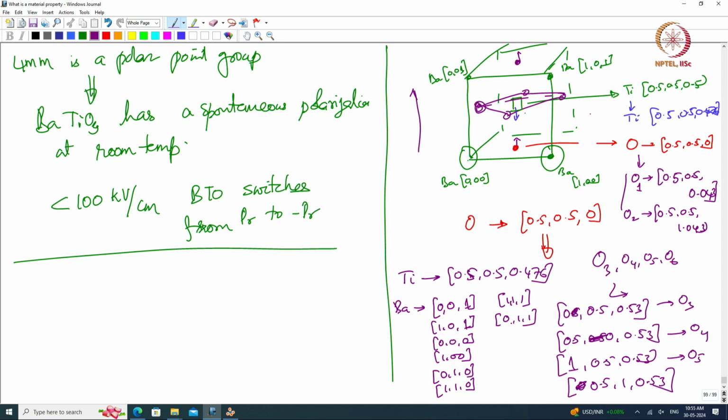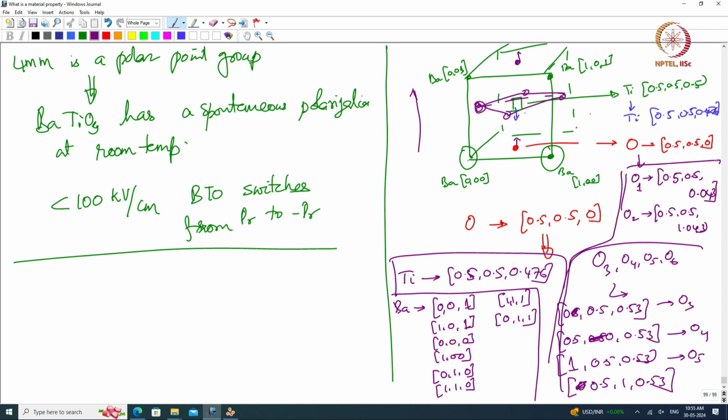Okay, so these are all the barium positions. So I have barium positions, titanium positions, and oxygen positions. These are all the oxygen positions. All right, so then I can do the calculation.